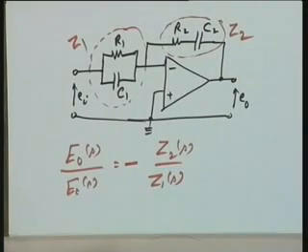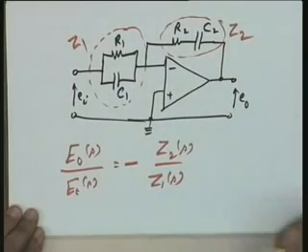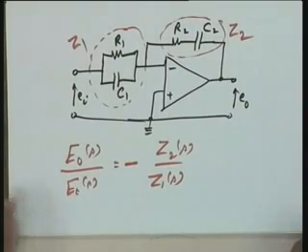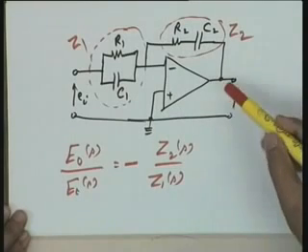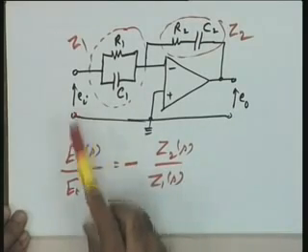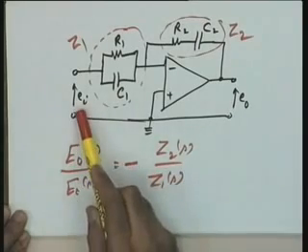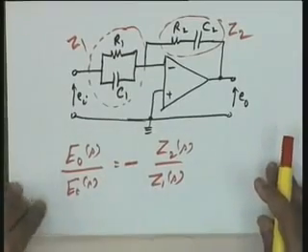Now, again a little exercise for you: get the values of Z1 and Z2, get the transfer function model, and from this model you will see by manipulation that the E naught by E I transfer function is the transfer function of a PID circuit, that is, the output here is an appropriate combination of a component proportional to E I, a component proportional to the derivative of E I, and one proportional to the integral of E I. This I leave to you, please. I hope this is okay.